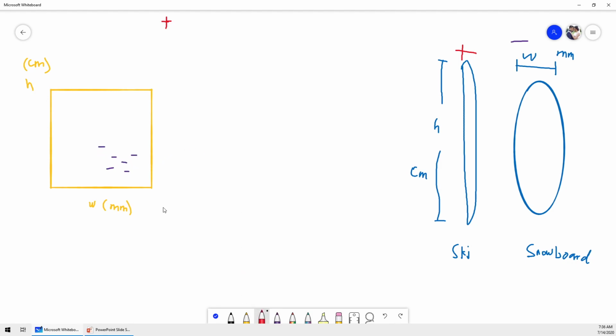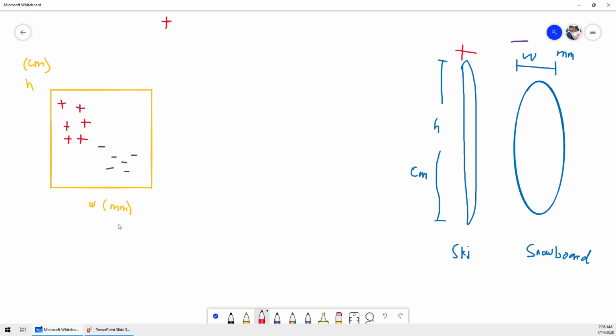And for skis, we would expect to see them around here because they have longer heights but shorter, slimmer widths compared to snowboards. So you'd expect to see this kind of plot.